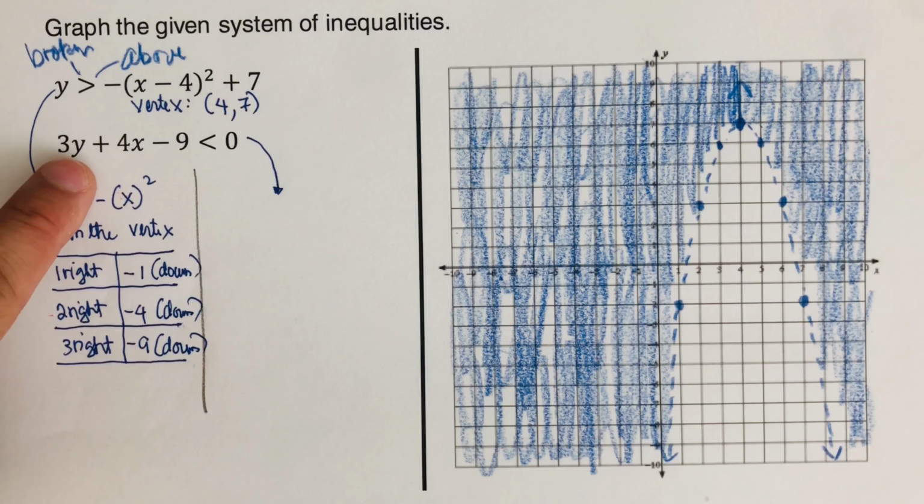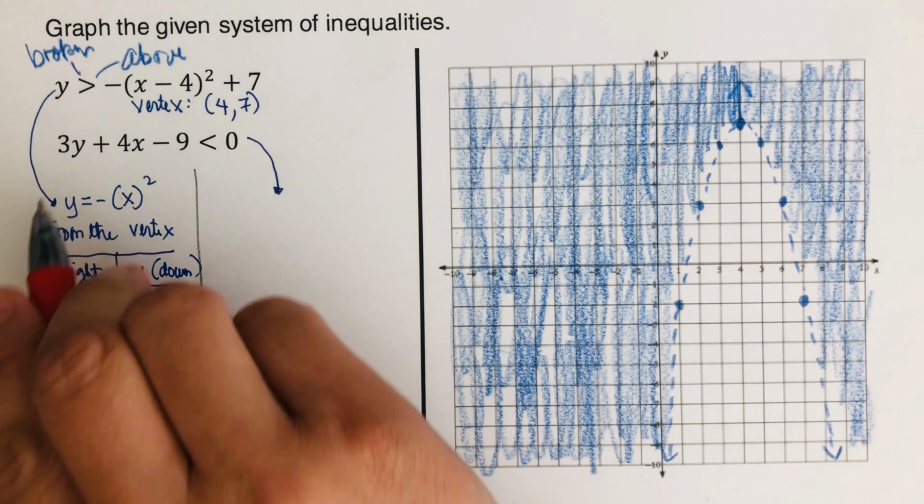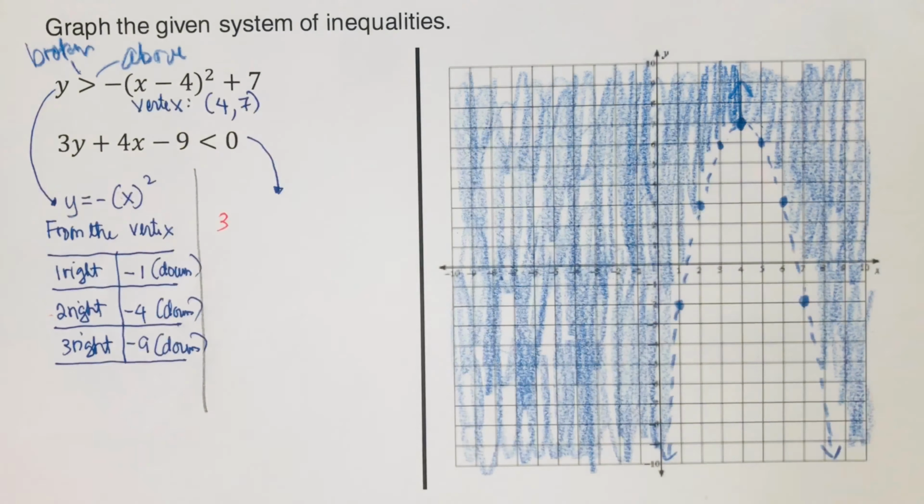Now we are going to change this, since this is a line, we're supposed to change this into y equals mx plus b. It has to be y should be isolated by itself on the left side. So I can go ahead and rewrite this.